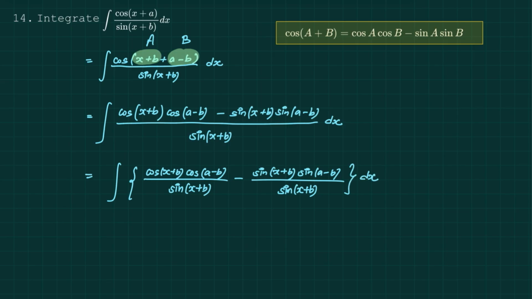Now as you can see here, sin x plus b and sin x plus b got cancelled, and we have cos x plus b over sin x plus b. Now we can write this as cot x plus b.